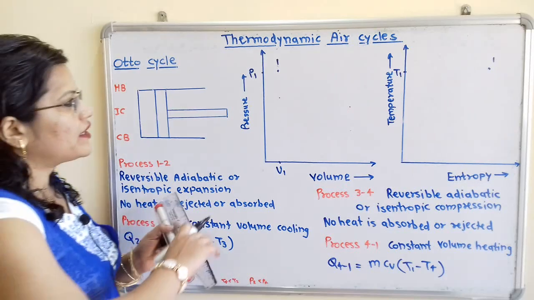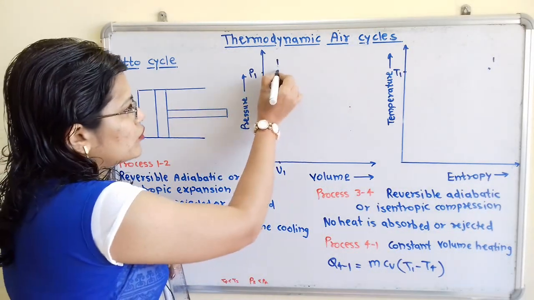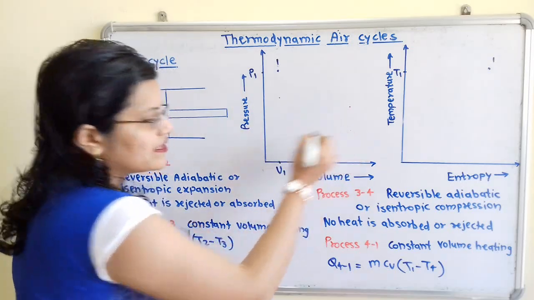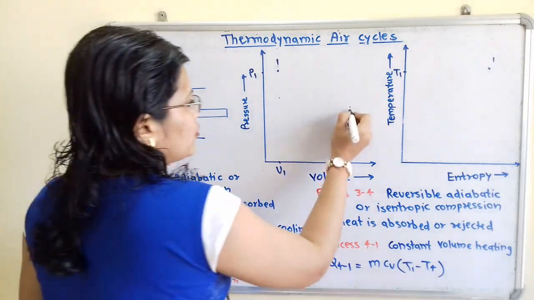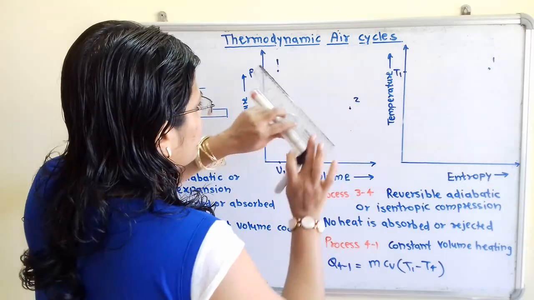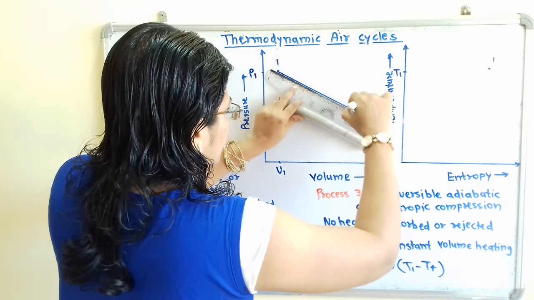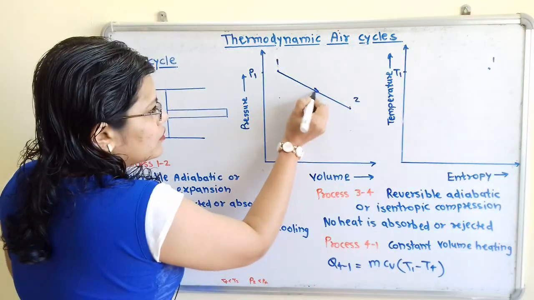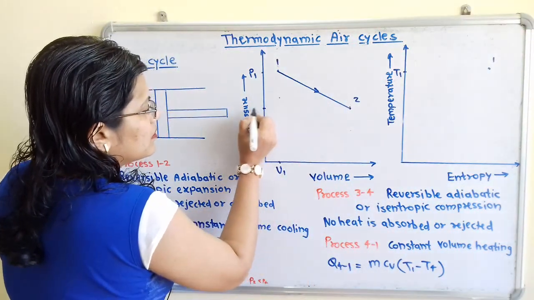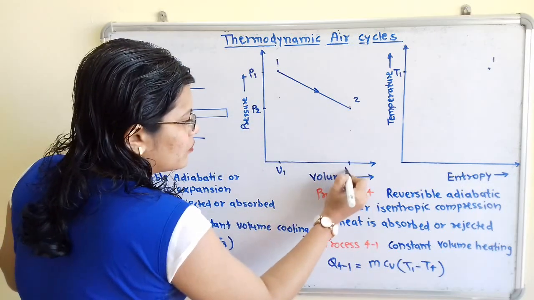Here is the pressure P1. Now at point 2 we have to show decrease in pressure but increase in volume. So I will show here will be point 2. We will show arrow also. So here is the pressure P2 and here is the volume V2.